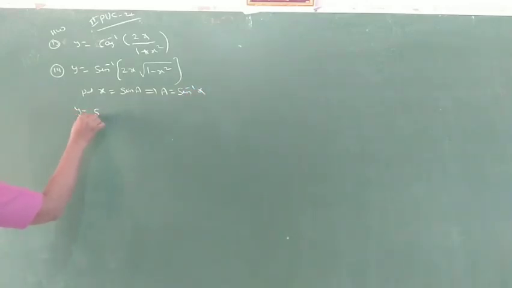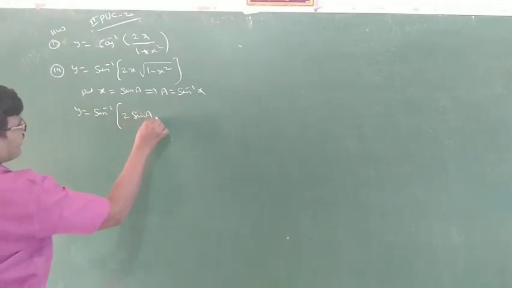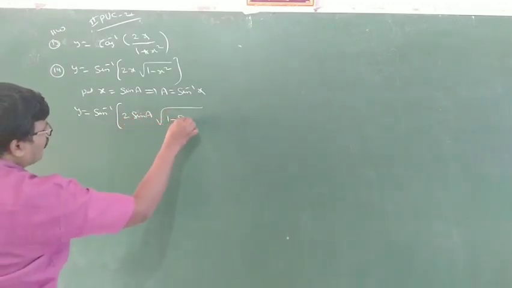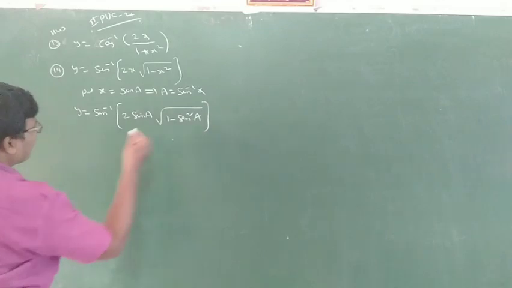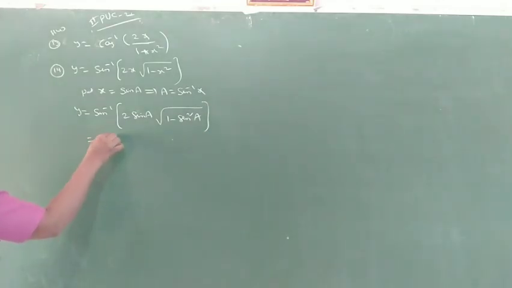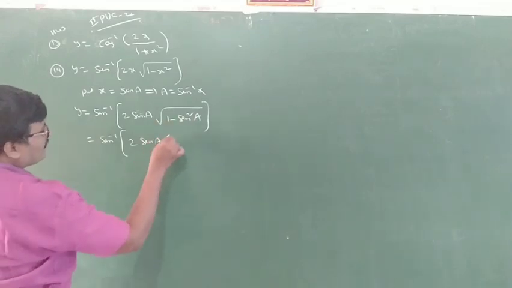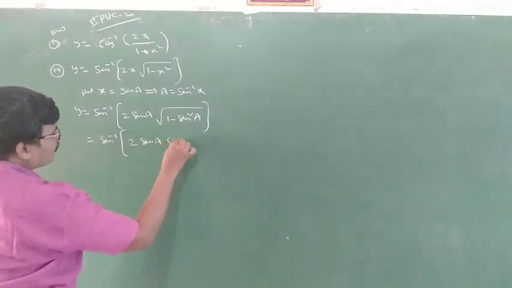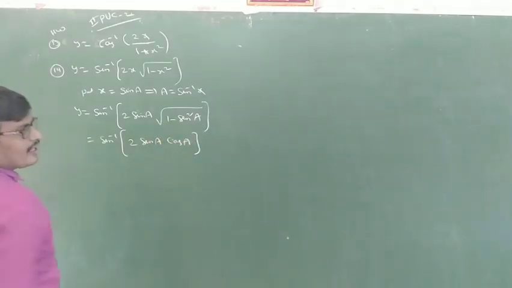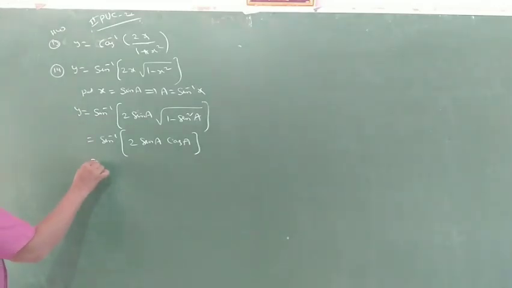Y is equal to sin inverse of 2 sin a into root of 1 minus sin square a. Root of 1 minus sin square a is equal to root cos square a, and root cos square is equal to cos a.